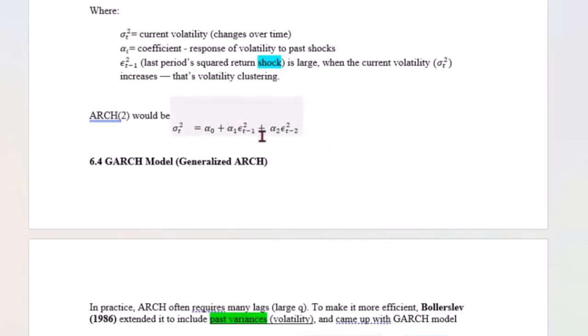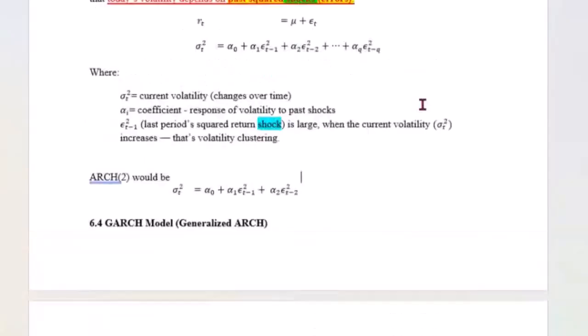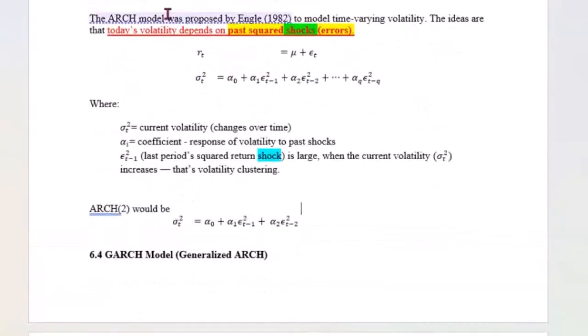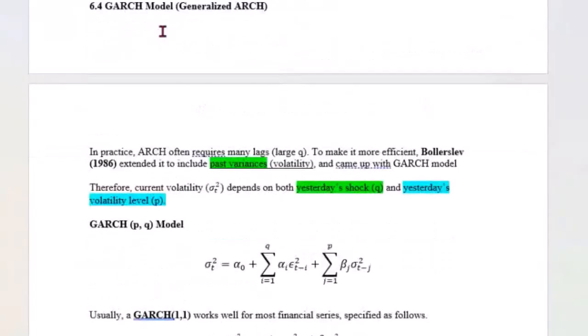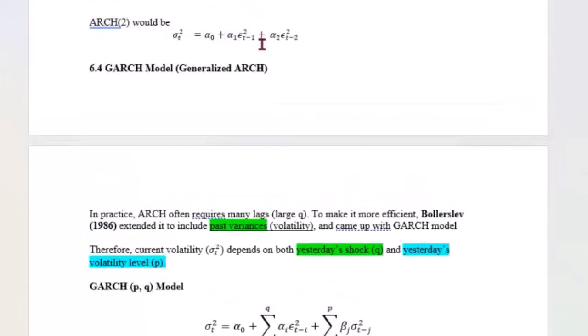So the current volatility is affected by the shocks of the previous 2 periods. So that is a general representation of an ARCH model.